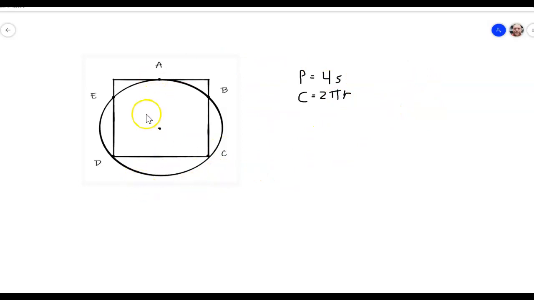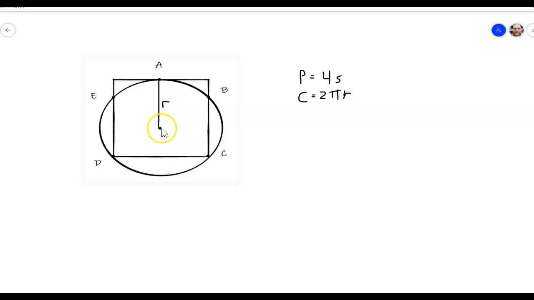So I'm going to try to make triangles and see if I can make some kind of relationship here to get this going. Let's first draw a line down here, and this is going to be the radius, which we'll call r, if this is the center of the circle.